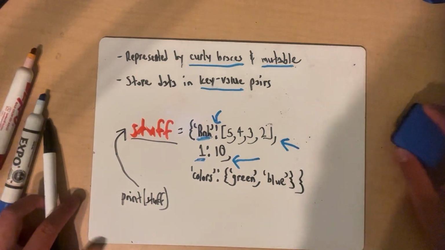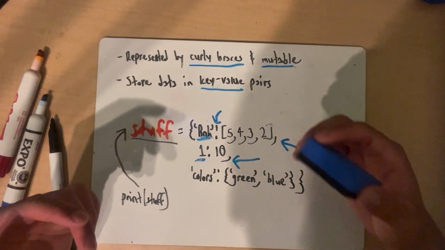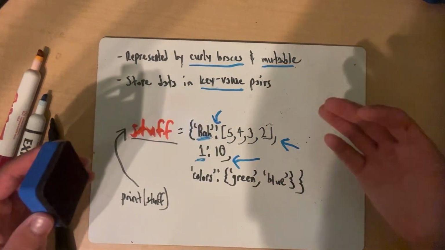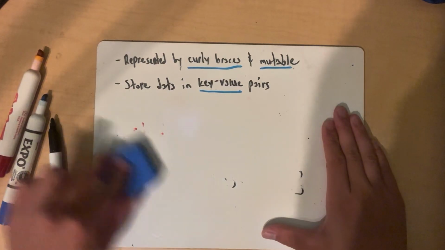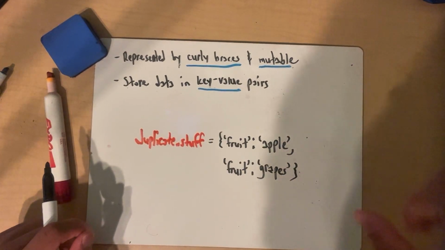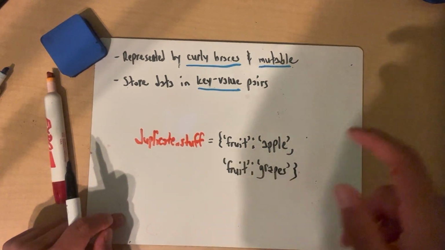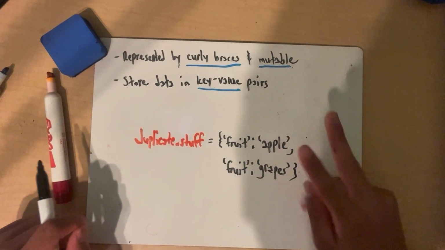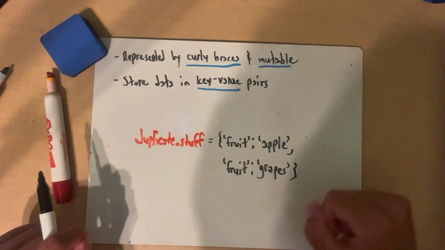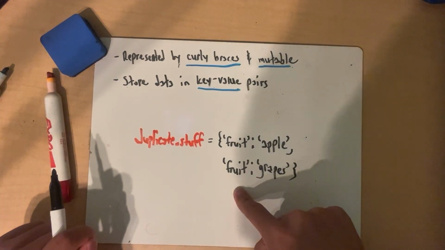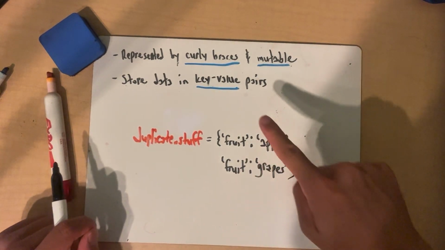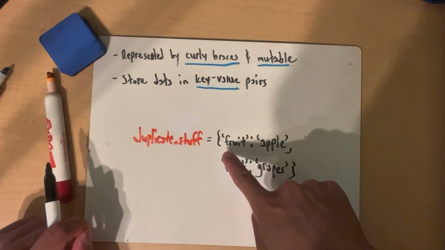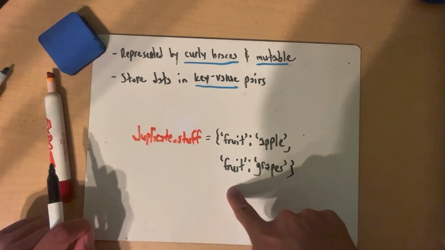And dictionaries cannot store duplicate key values or key names. So let me show you an example. So over here I have a dictionary called duplicate stuff, and it has 2 key value pairs, or it seems like it has 2 key value pairs, and the key name is fruit. But the problem is that it has the same key name for each of the pairs.